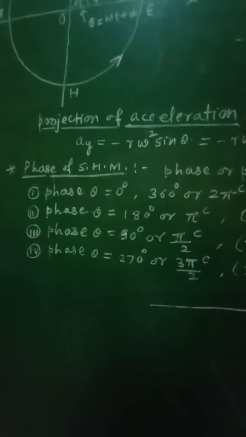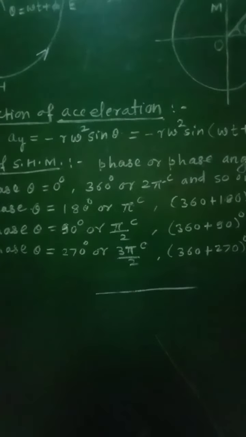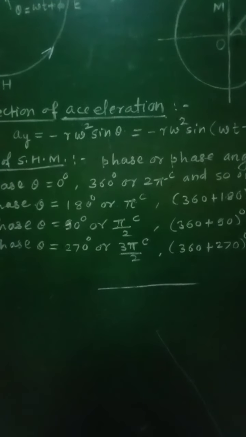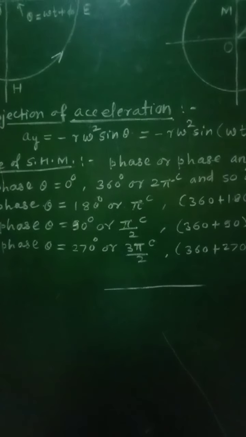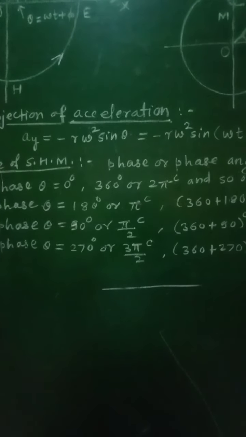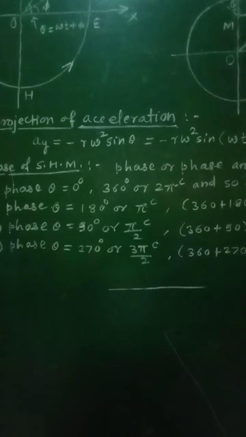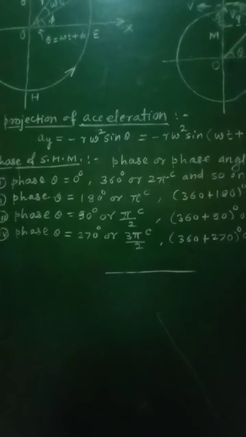The similar state in the second oscillation will have its phase theta equal to 360 degree plus 180 degree or 2 pi plus pi radian, and so on.